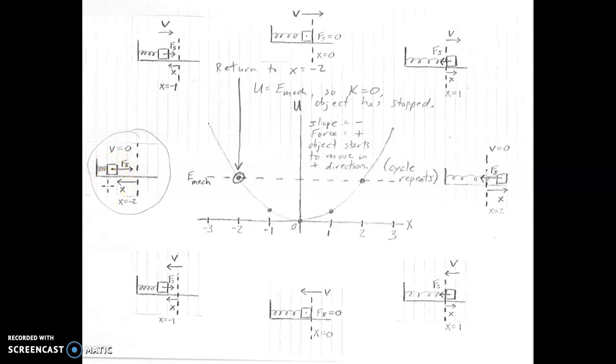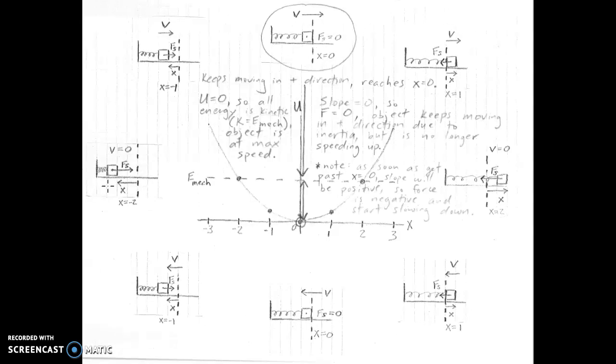And then the cycle just keeps repeating, and the spring oscillates back and forth, back and forth, back and forth. Okay, so that's just what's going on purely in terms of Hooke's law and what we know about forces and Newton's laws and stuff like that.